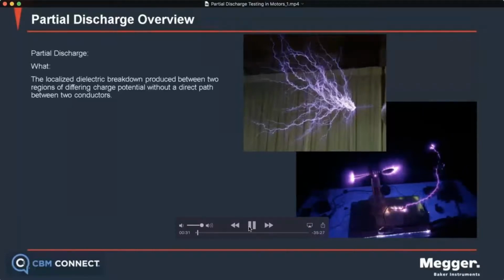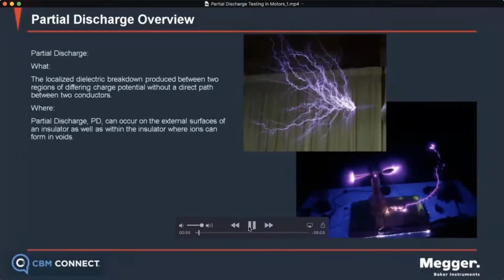Partial discharge is the localized electric breakdown produced between two regions of differing charge potential without a direct path between two conductors. It's a lot of words, but basically, really high voltage gets around some gases, they ionize, and then we get this discharge, which isn't going from conductor to conductor, but just in an ionized space where this discharge occurs.